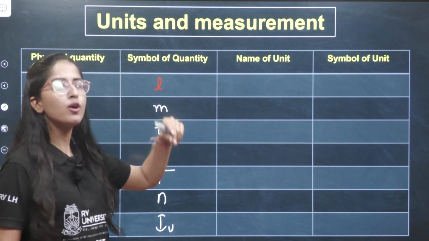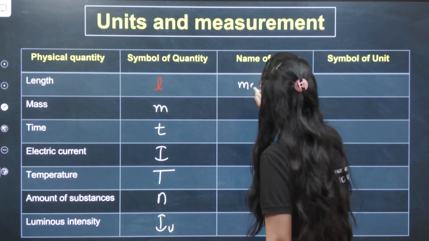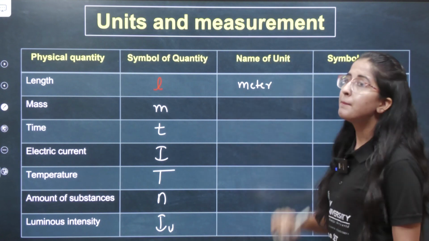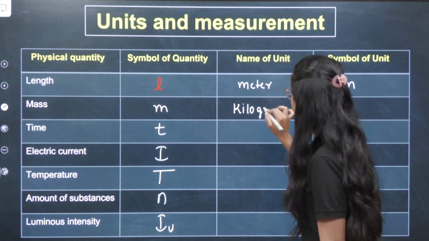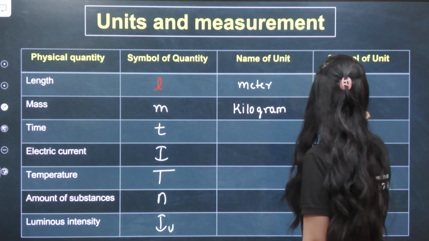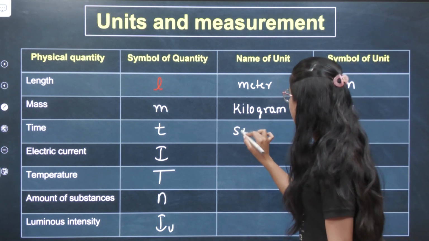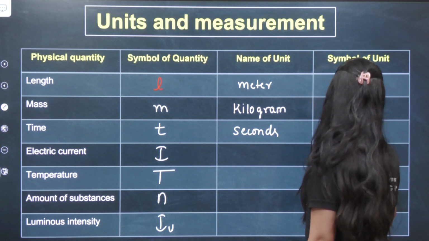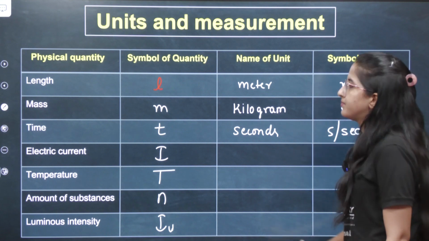Okay, and now the names of the units. For length, it is your meter, and the symbol will be small m. Mass, kilogram, symbol will be kg. Time, seconds. It will be written as sec, somewhere it is presented, or simply s you can write.